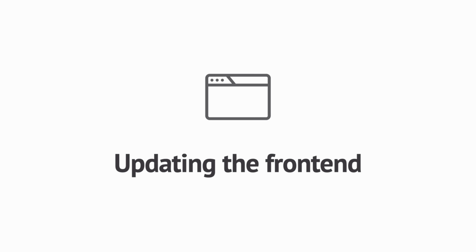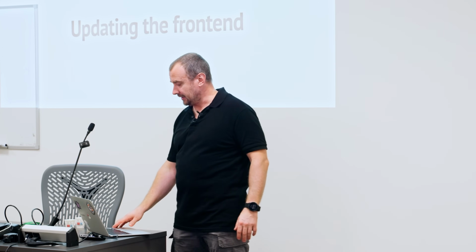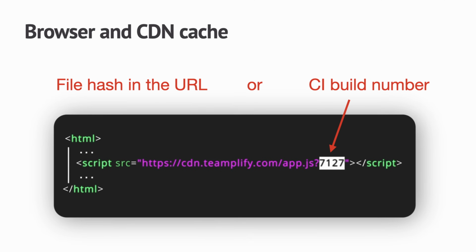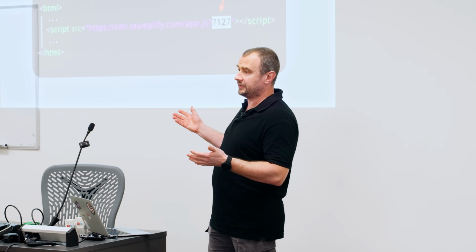All right, and finally, updating the front end, which surprisingly can also cause problems. The first and very obvious is cached version of static files like JavaScript and style sheets and images. Everyone is familiar with it, and basically how to deal with it is also well known.